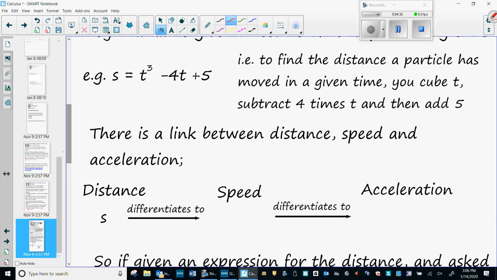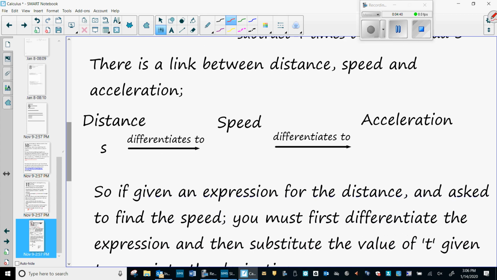Why is she rambling on about all this? Well, because, as I said, calculus is used to link these three aspects together. If we have an expression for S, we can differentiate that in order to find an expression for the speed or velocity. So if we differentiated S, we would have ds/dt, which we're saying is equal to the velocity.